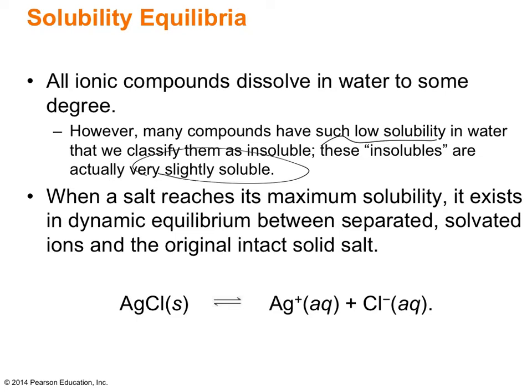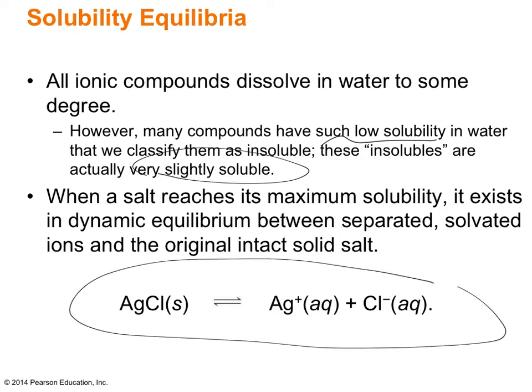As with anything that's soluble in water, solubility in general is in equilibrium at the saturation point. If you put a solid in water, as it dissolves, it's going to separate, if it's ionic, into the cations and anions. Once the solution reaches the saturation point for that substance, the reverse reaction will begin to occur.